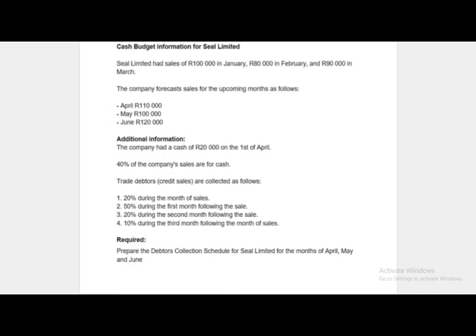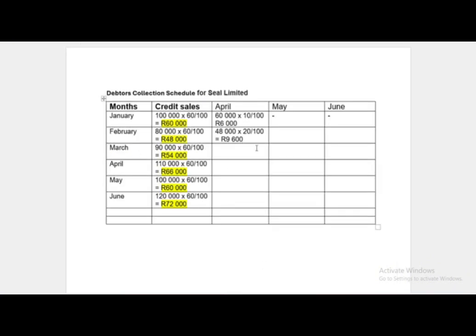So we must also collect 10% in May for the month of February, which is going to be 48,000 multiplied by 10% divided by 100. And then how much are you getting right there? Let's do that on our calculator quickly.